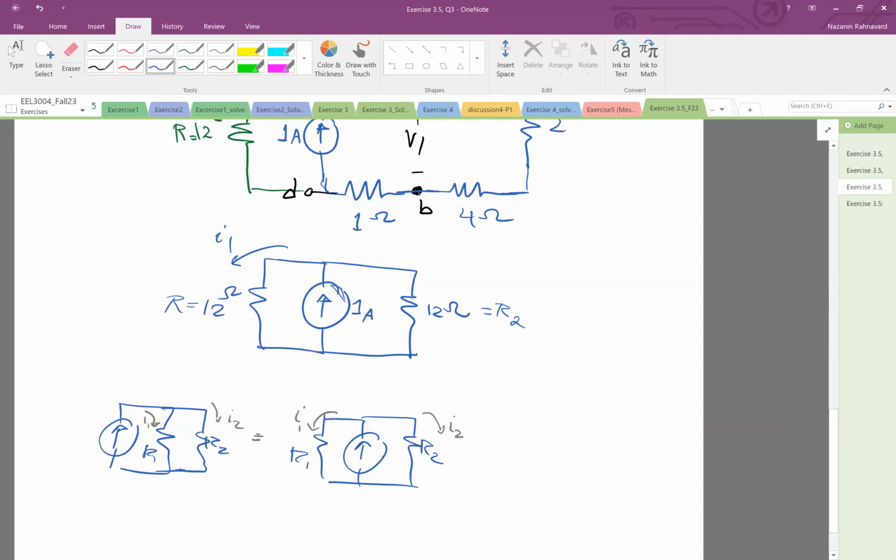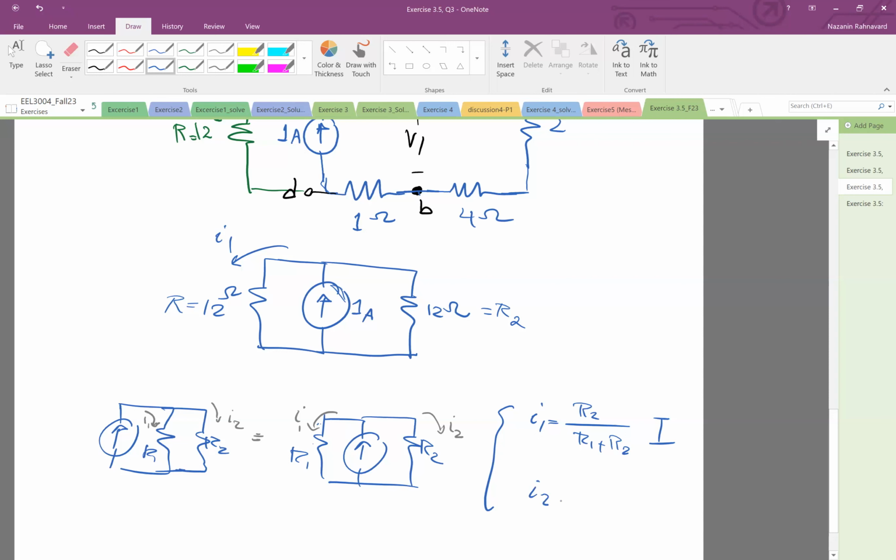So for all of them, as you recall, when you have 2 resistors, the formula becomes I1 equals R2, the other resistor, divided by R1 plus R2 times the amount of the current which is coming.